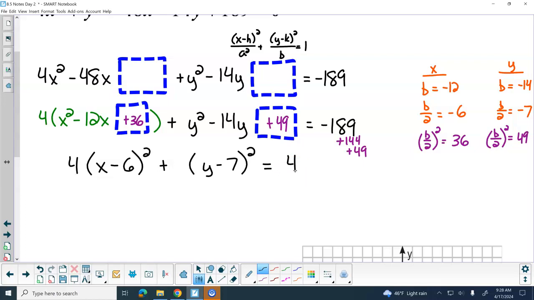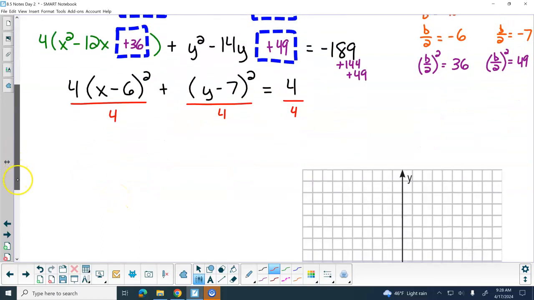So what do I need to do next? Divide everywhere by 4. Correct. So I need to divide by 4 there, I need to divide by 4 there, and I need to divide by 4 there.